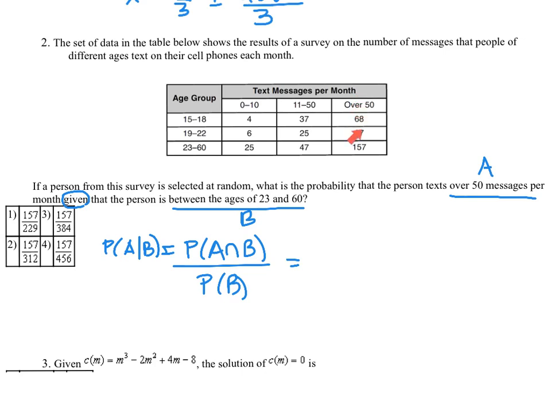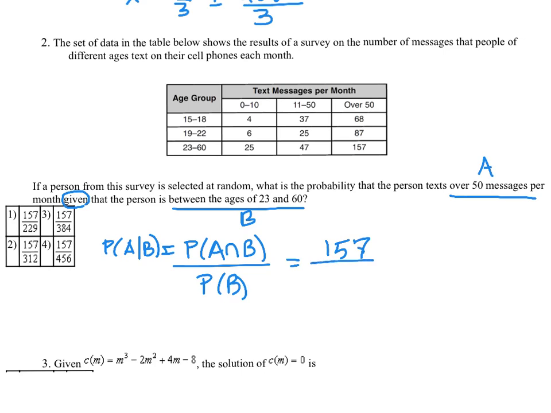All right, so here's the column for over 50, and between the ages of 23 and 60 would be this row. So that overlap right there is 157. So we know that the numerator is going to be 157.